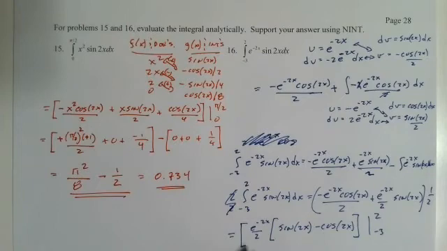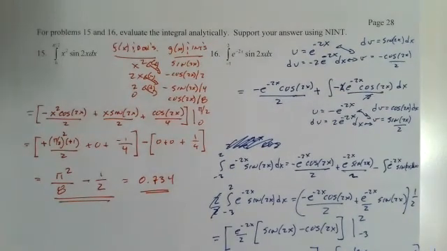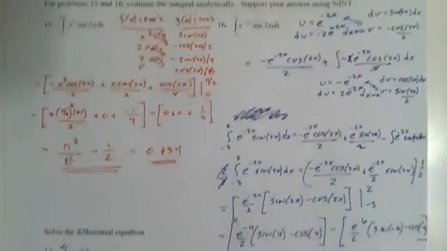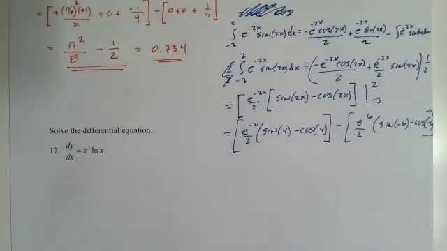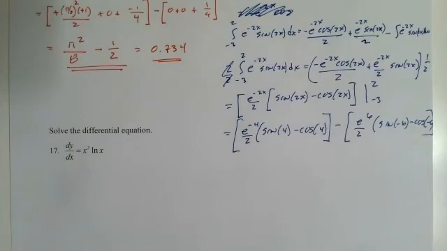Equals e to the negative 4th over 2 times sine of 4 minus cosine of 4, minus e to the 6th over 2 times sine of negative 6 minus cosine of negative 6. Just drew on my table. Nice. And I'm not even on screen anymore. Apologies again. Whew.